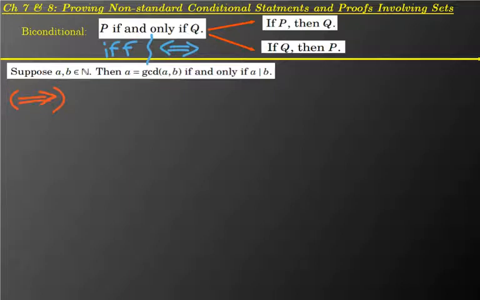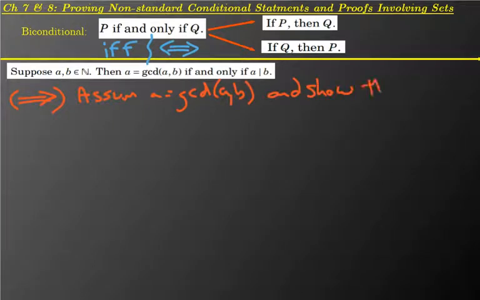You should always state one direction in a paragraph, and then do a new paragraph for the other one. So I'm going to start with a little arrow in parentheses, and that's my way to say I'm going to assume that A equals the GCD of A and B and show that A divides B.